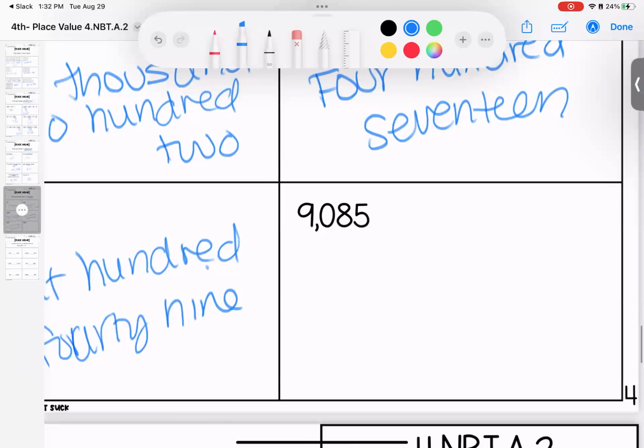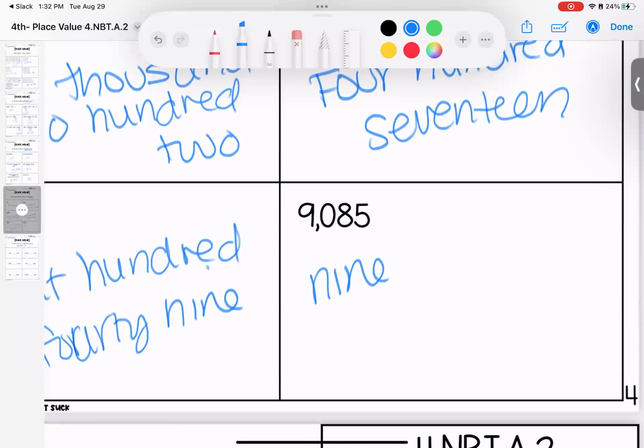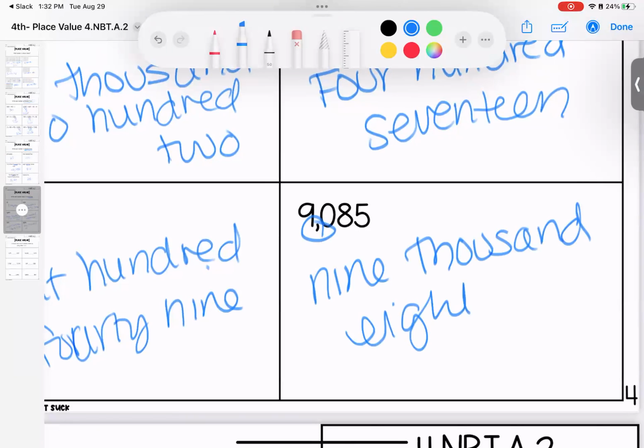Last one on this page. 9, comma says 1,000. 85. All right. Any questions on this page? Go ahead and bring them with you to class.